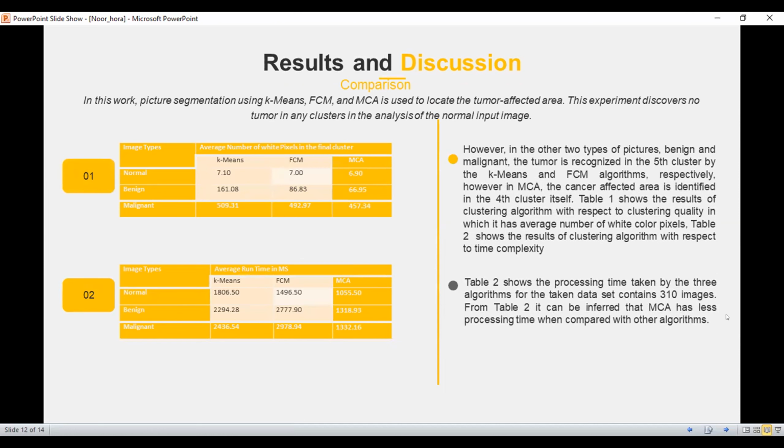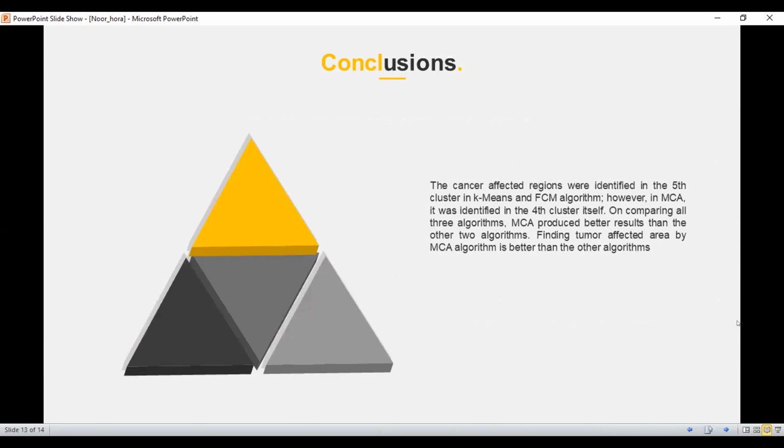It shows the result of the clustering algorithm with the average number of colored pixels. Table 2 shows the result of the clustering algorithm with respect to time complexity. Table 2 shows 3 algorithms for the taken data set containing 300 images. From Table 2, it can be inferred that MCA has less processing time when compared with the other algorithms.